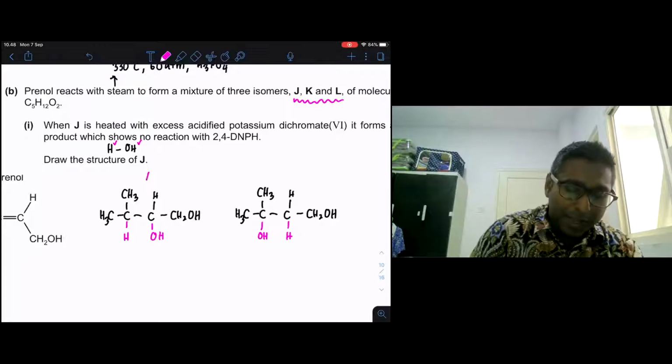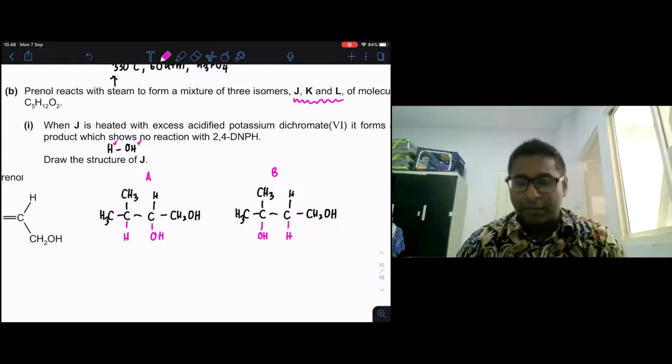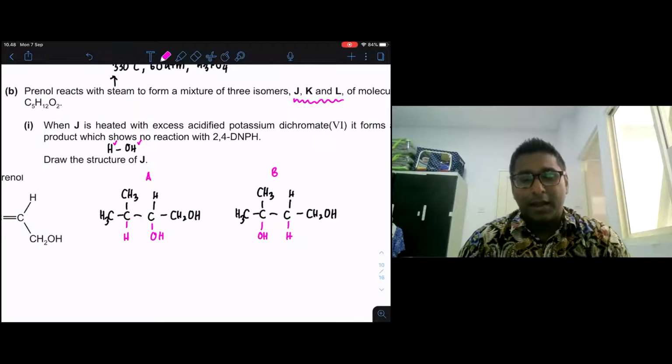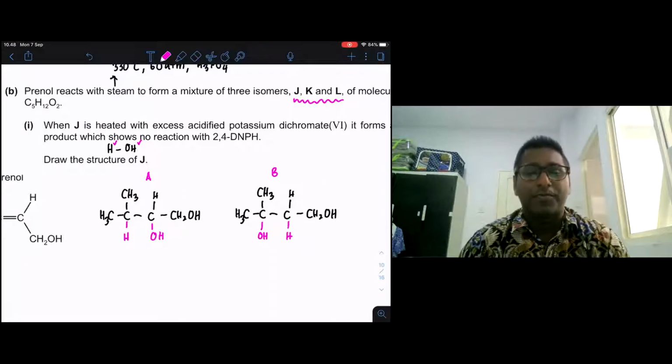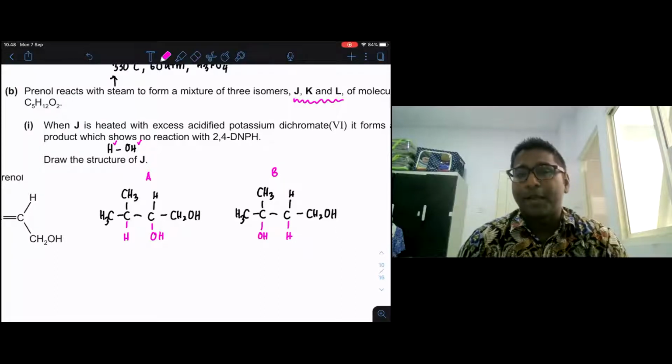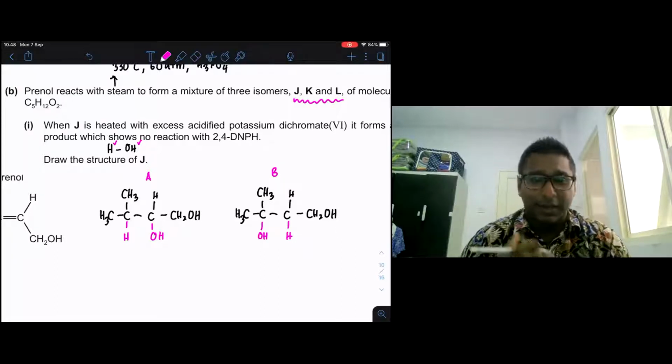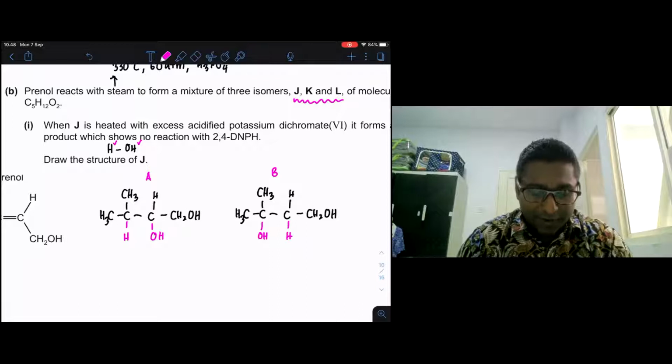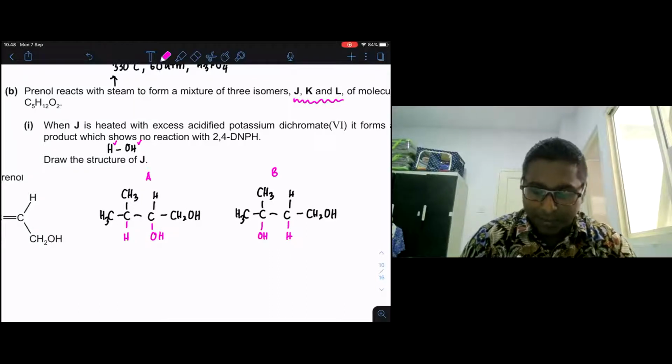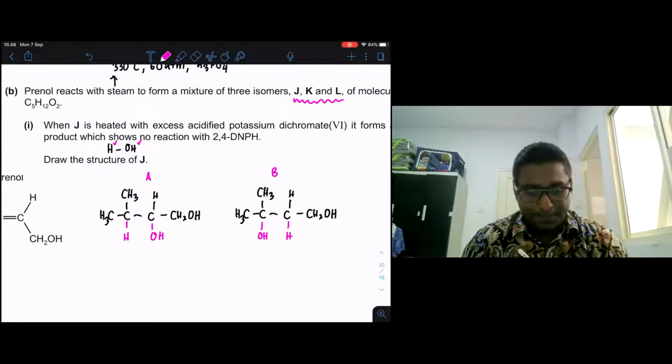Now, if I put A and B, can someone help me to identify which one contains optical isomerism, or any kind of stereo isomerism? I'm looking for optical isomerism. Nicole, Trisha, can you help me to identify which one has optical isomerism over here?